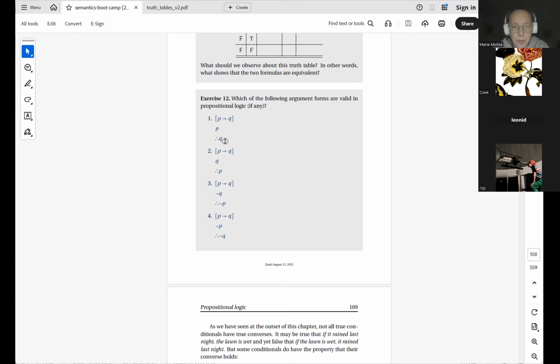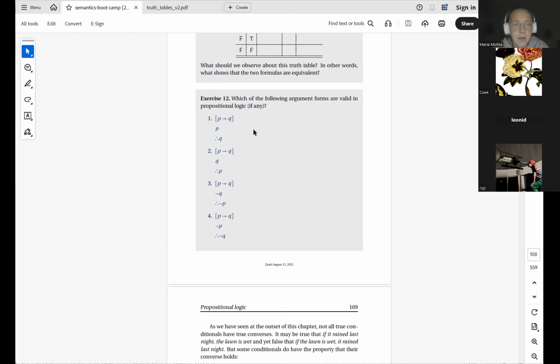We ask: if the premises are true, does the conclusion necessarily have to be true? If yes, we mark it as valid. If not, we mark it as invalid.